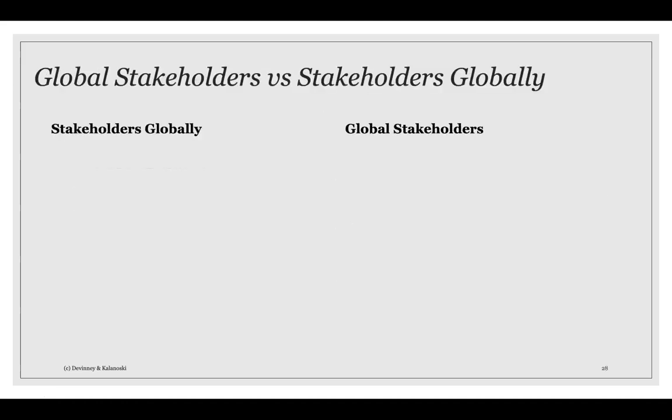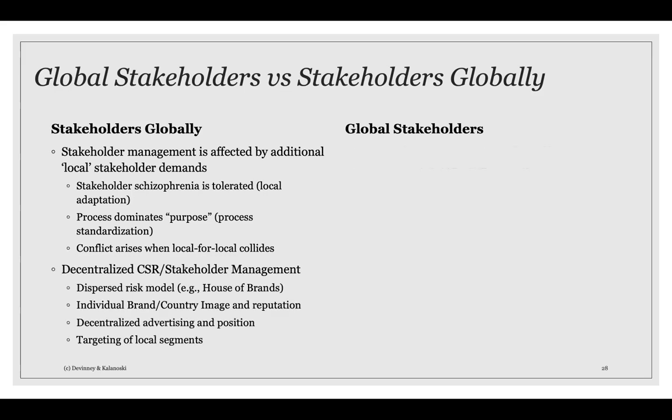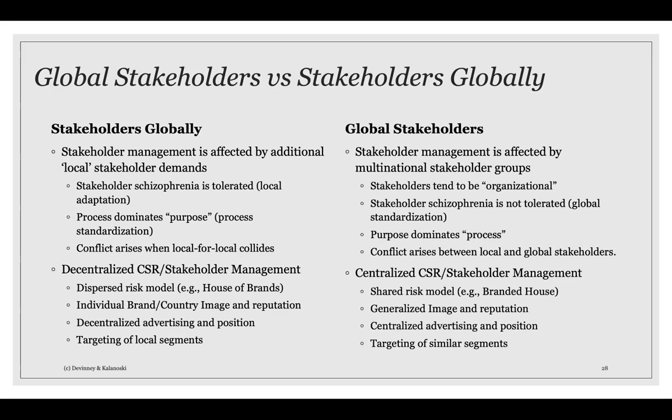And I talked a bit about having generic models for this, and the generic models really are two. So you can think about them as having extremes. You can manage stakeholders globally, which means that you focus on the process of stakeholder engagement, and you don't worry about the outcomes.